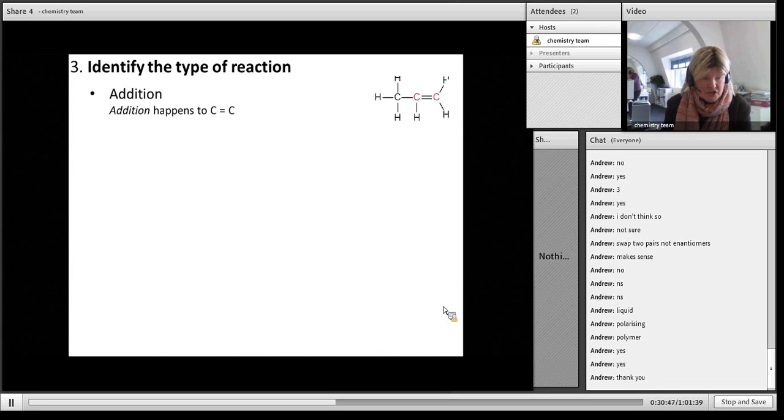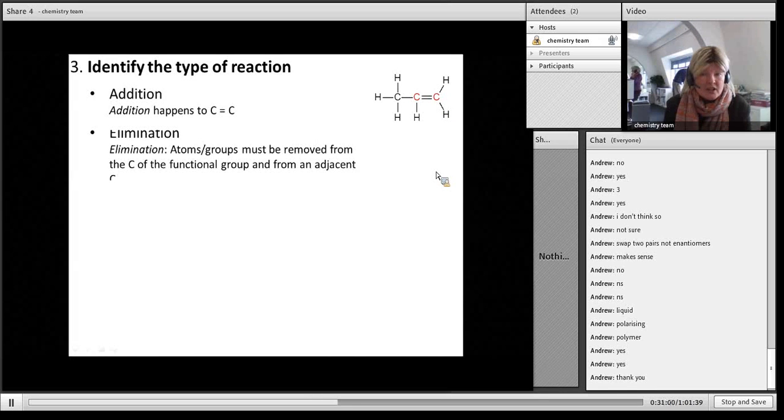First is addition. Addition only happens to alkenes or alkynes, but we don't do alkynes in level 3. So something is added to each carbon of the double bond. An elimination is when we have something like a halogen or a hydroxy group that can get taken off, plus a hydrogen from an adjacent carbon.